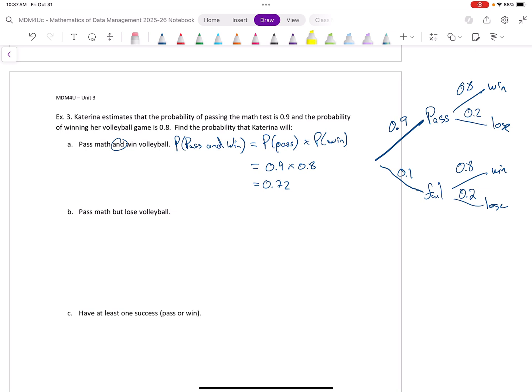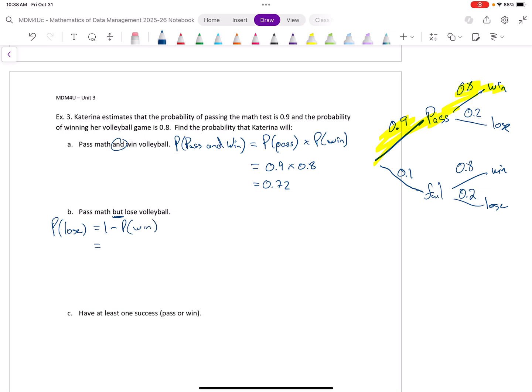What we just looked at was the probability of passing, so the 0.9, times the probability of winning. In the next question, what's the probability that she passes math but loses volleyball? Even though it's worded that way, it's really pass and lose. When we think of losing here, we first have to recognize that the probability of losing is really the complement, and I put this already over on the tree diagram.